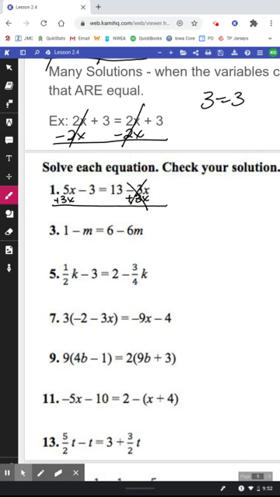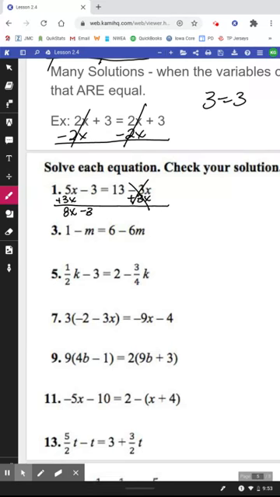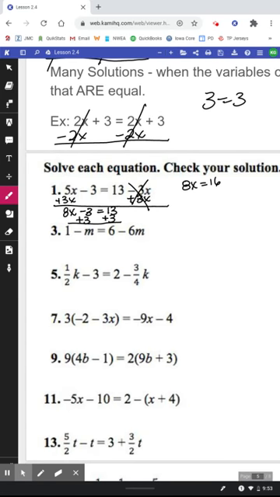So because of inverse property, those would cancel out. 5x plus 3x would leave me with 8x minus 3 equals 13. Now I'm on step 3, which is addition or subtraction. So I'm going to add 3 to both sides. So 8x equals 16. Then fourth step is multiply or divide. So divide by 8 on both sides, and x is 2. So that is a 1 solution.